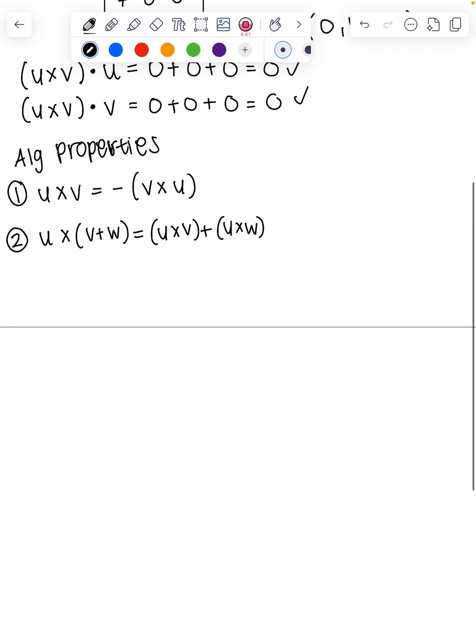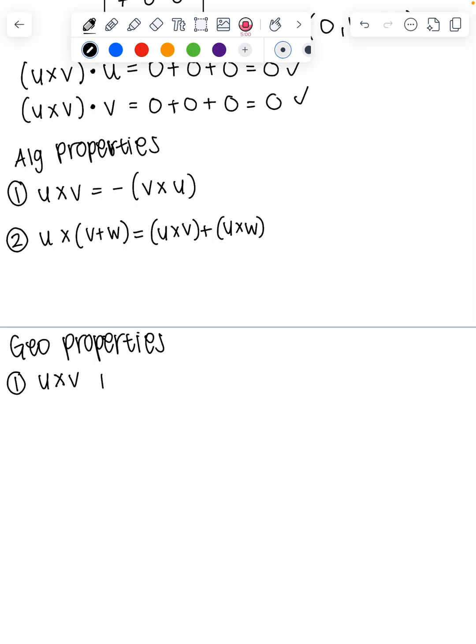We're going to talk through geo properties, geometry. All right, number 1, u cross product of v is orthogonal to both u and v, which we just found, right?